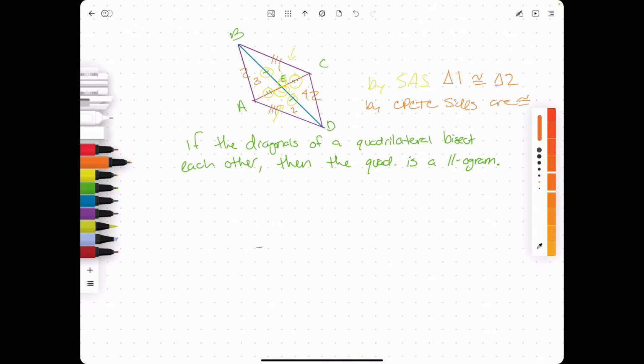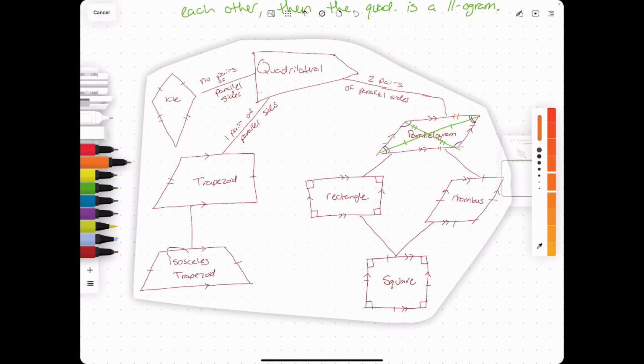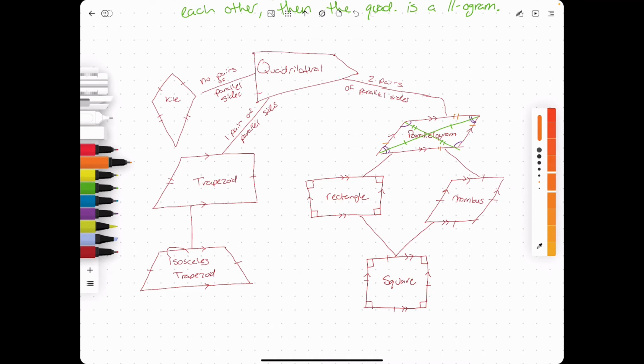What did we know from way back in our parallelogram stuff? What do we have to know about the opposite sides right there? Yeah, they're equal. They are congruent. Opposite sides are congruent, right? So I actually already put the diagonal lines in here, and I think we did that because of something else from the previous section. I don't remember what the theorem was.